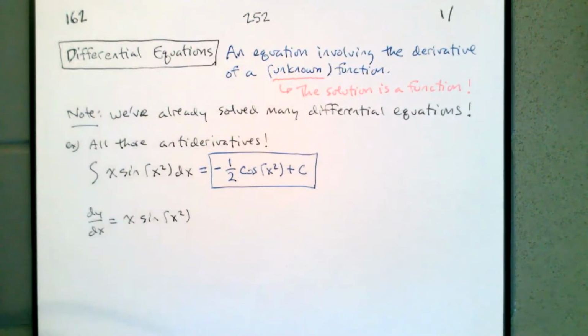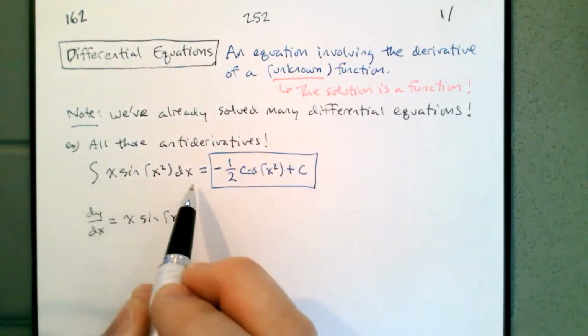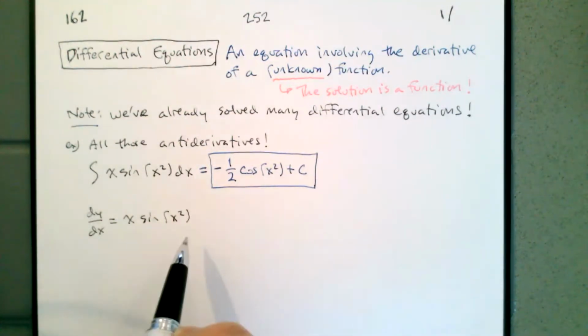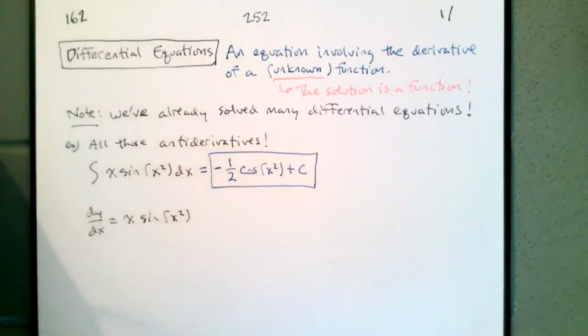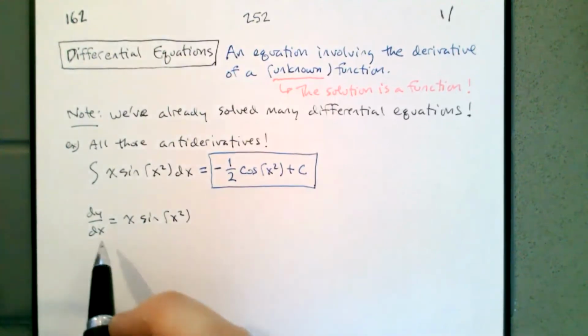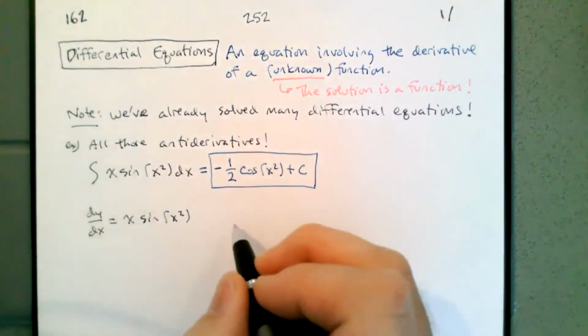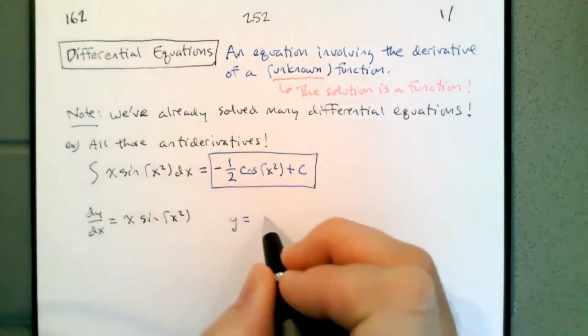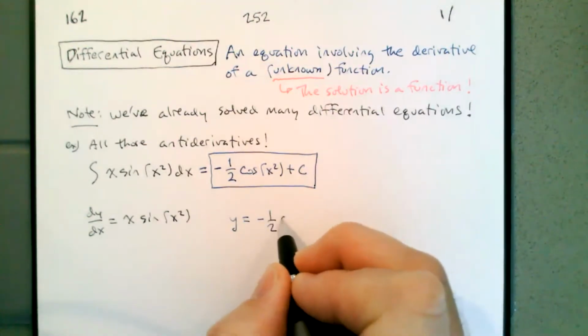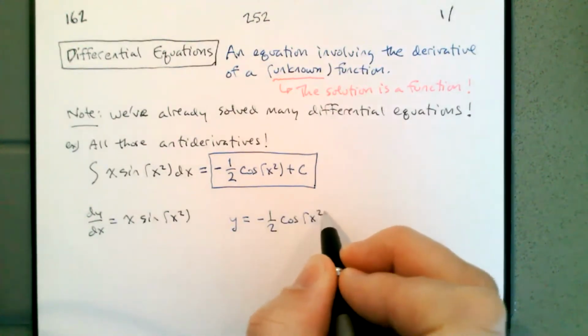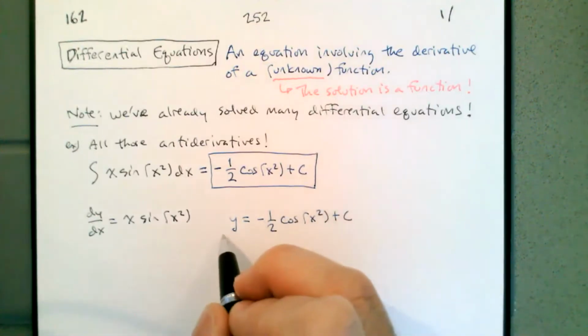So asking you to find an indefinite integral is asking you to solve a differential equation. In the second one, we would say, well, since the derivative is x sine x squared, that means y is equal to negative 1/2 cosine x squared plus c.